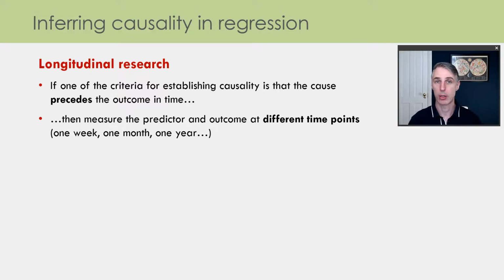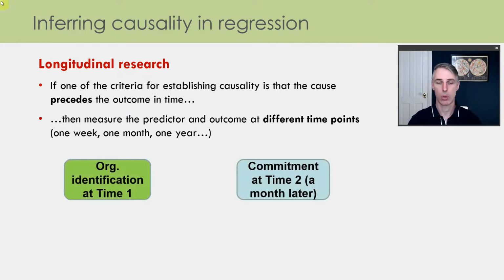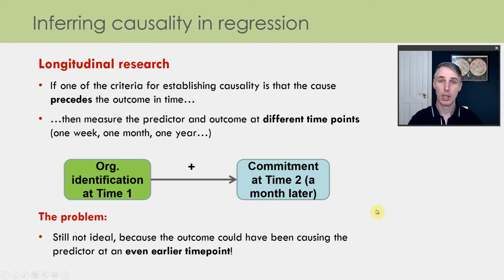So we measure our predictor at one time point and then measure our outcome variable a week, a month, or a year later. Okay, so now we're looking at identification and commitment not measured at the same time, but identification at one time point, and commitment measured a month afterwards. Okay. Now that doesn't actually get us that far.